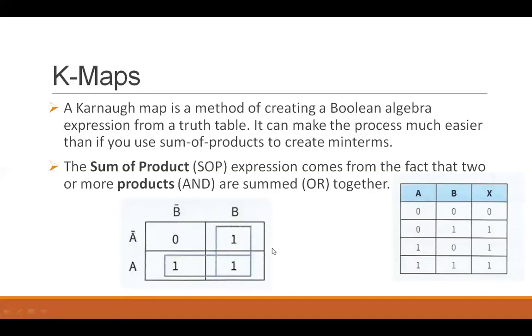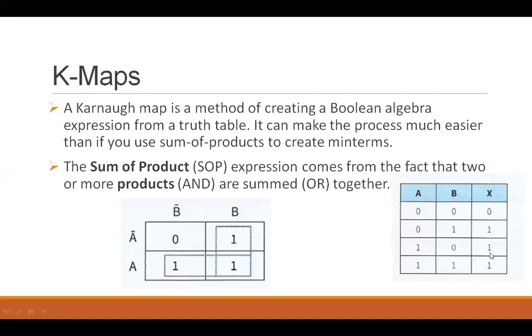We are only going to focus on ones. This one is coming from A inverse and B. So I'm going to find out where A inverse and B are intersecting each other, and in that box I'm going to write a 1.